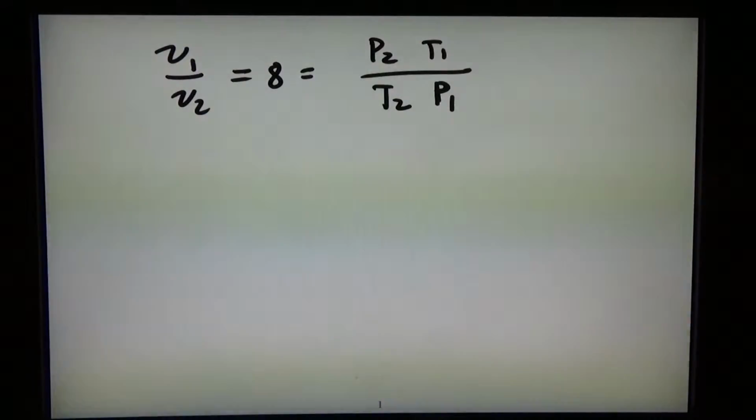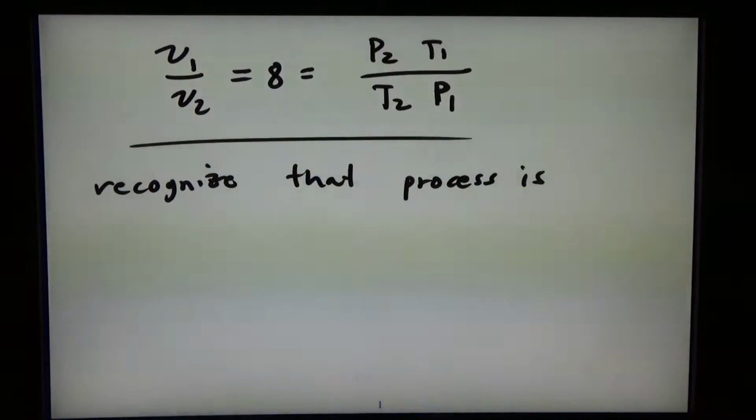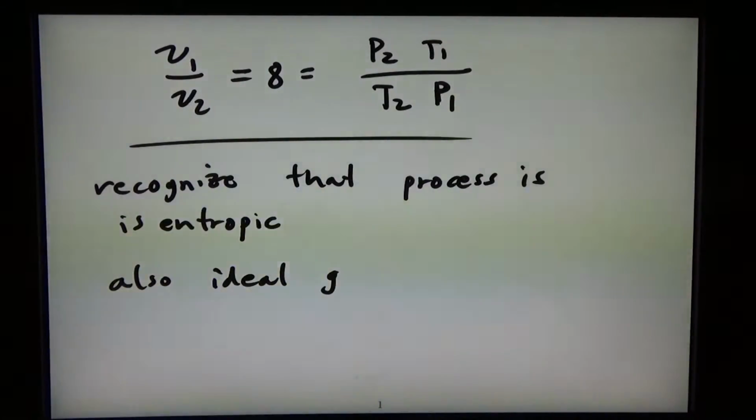Alright, if we have an isentropic process, we need to recognize that the process is isentropic. If we recognize the process is isentropic, and we also recognize that we have an ideal gas, like air, then that opens up a couple extra equations that we learned about.